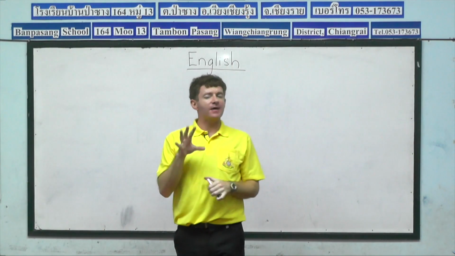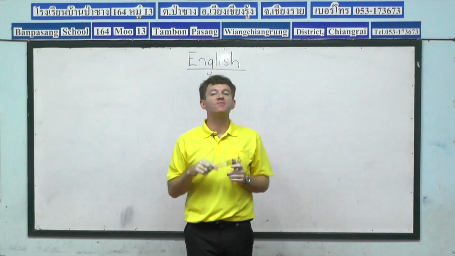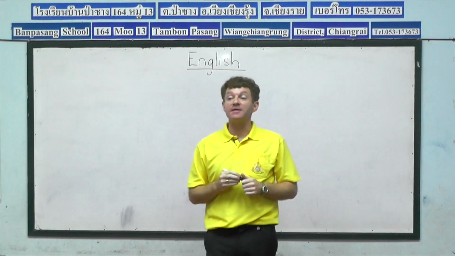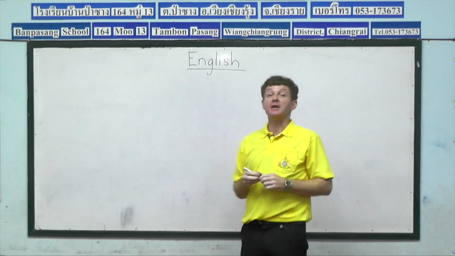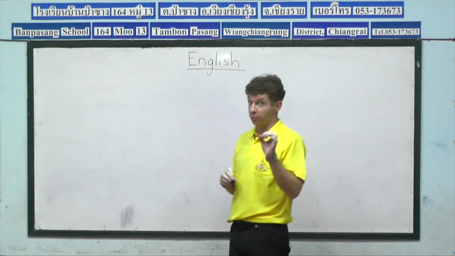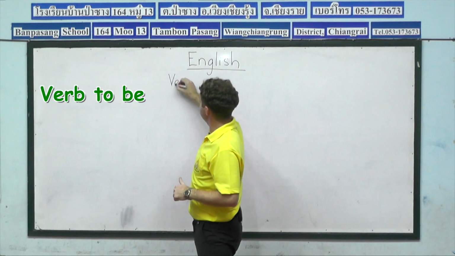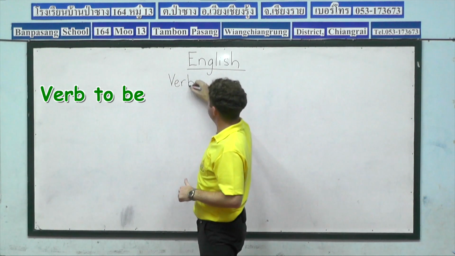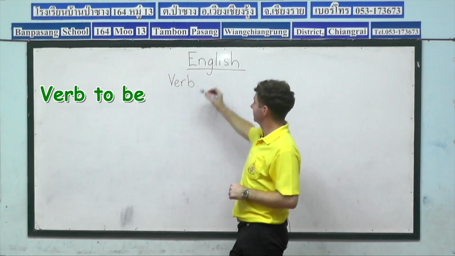Okay, so who can tell me what we've been doing a lot of work on lately? What type of verb have we been concentrating on? To be. Excellent. We've been looking at the verb to be. So that's V, E, R, B. Verb. And then how do we say to be?